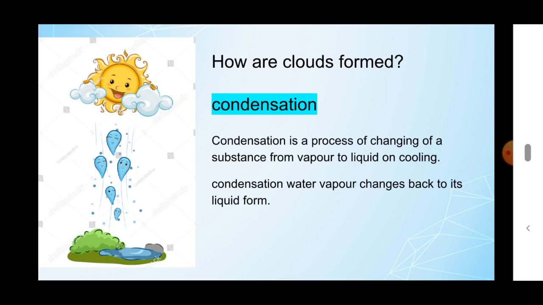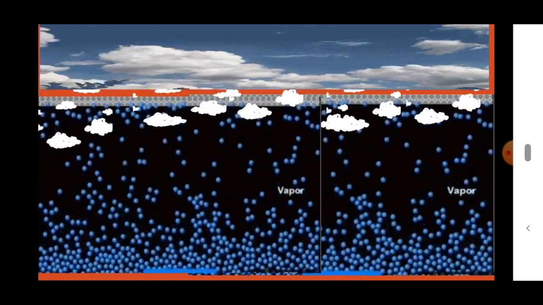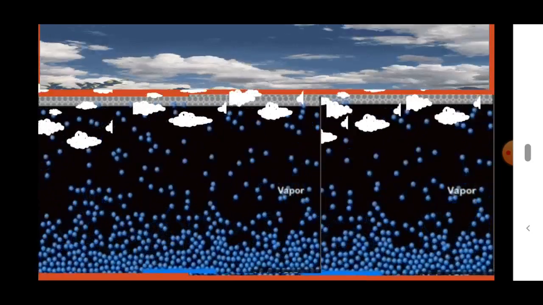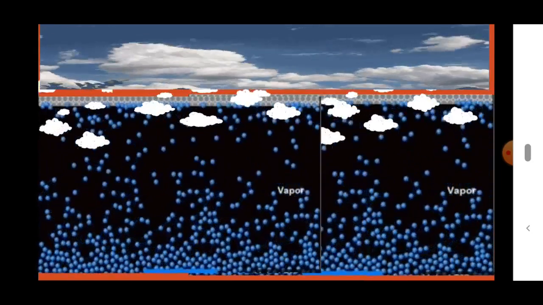So the tiny droplets are formed. The tiny droplets floating in the air appear as clouds. Okay children, this is the way of formation of clouds. See the next picture. It clearly explains how the clouds are formed.